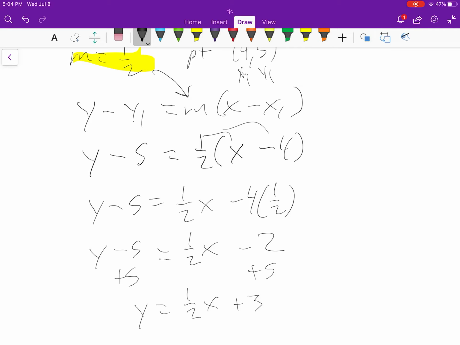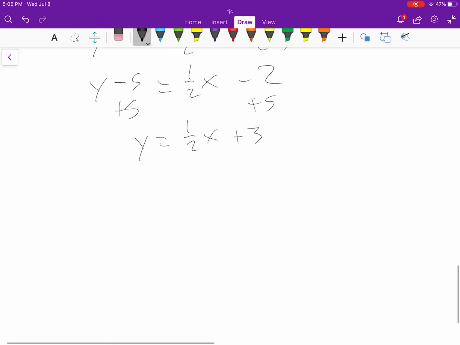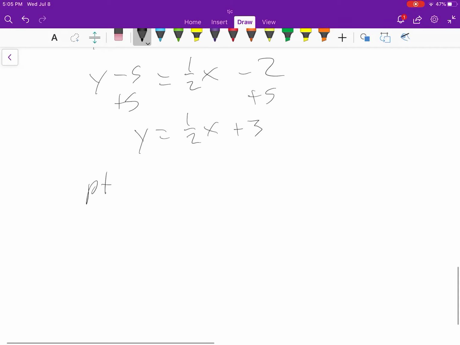Now, that is one thing they'll have you do: given a point and a slope, find the equation of the line. Now they can also ask you to find the equation of the line given 2 points. Well, given 2 points, so a point and a point, how do you find the equation of the line?